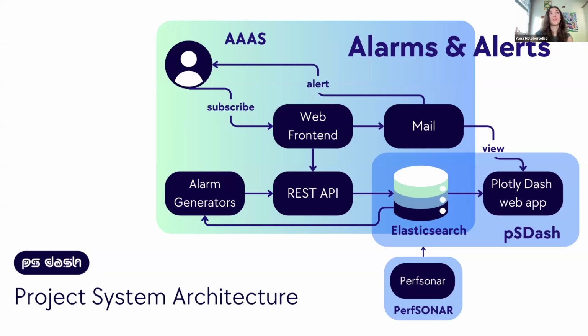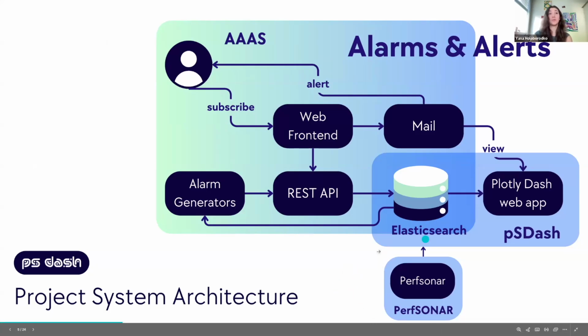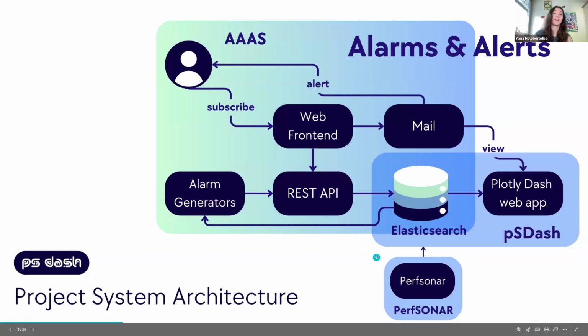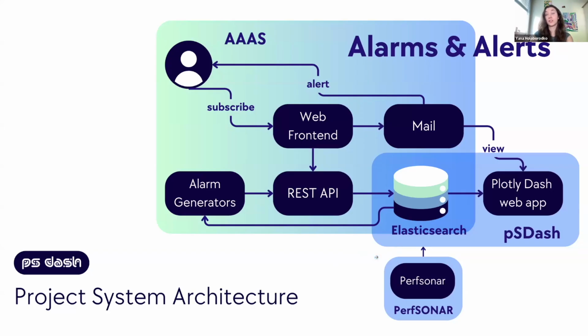So the idea is that we have this useful data, and if we want to address the issues more efficiently, we store all of it. So we have access to real-time and historical data in Elasticsearch. The core of the app is the alarm generator.